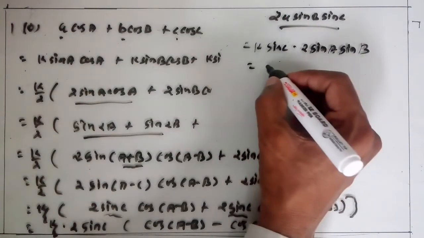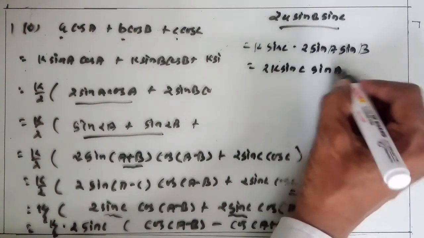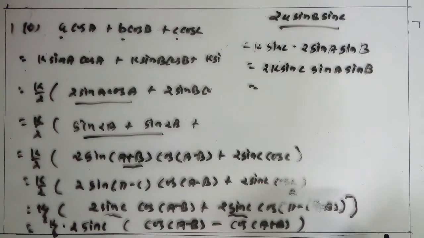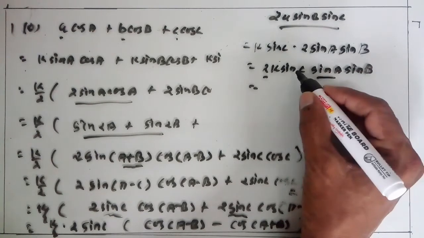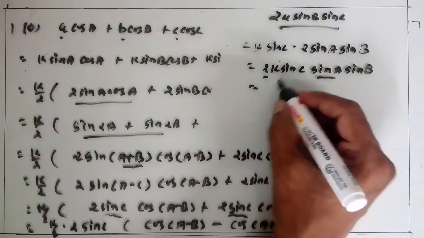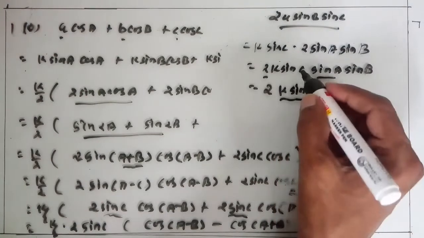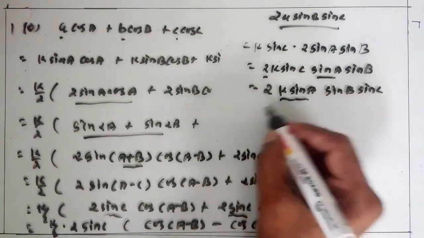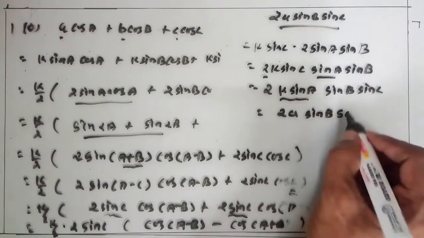Clear? So it is equal to 2K sin C into sin A into sin B. So the required term is 2 a sin B sin C. So first write 2 into K sin A, the variant term, into sin B into sin C. Now K sin A is equal to, by the sine rule, a into sin B into sin C. Clear?